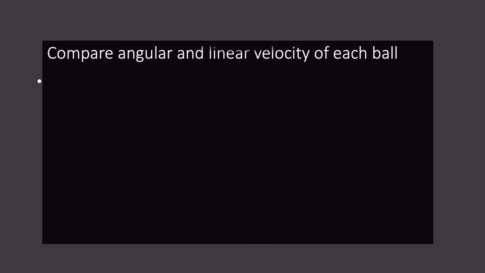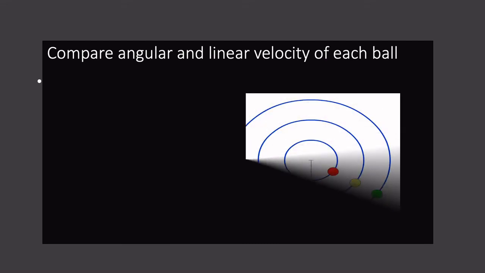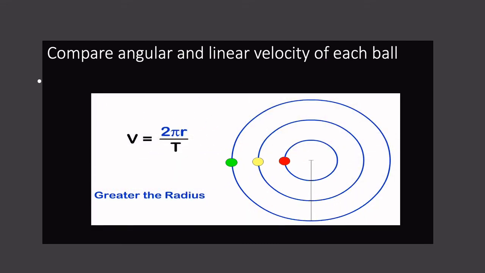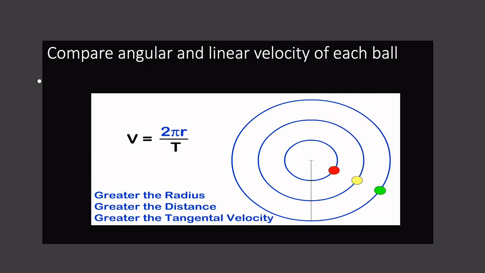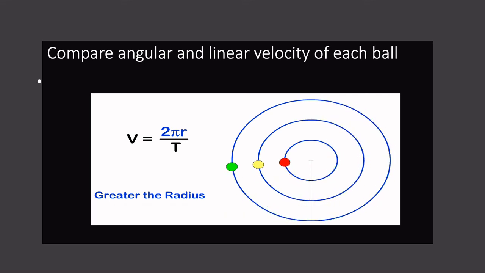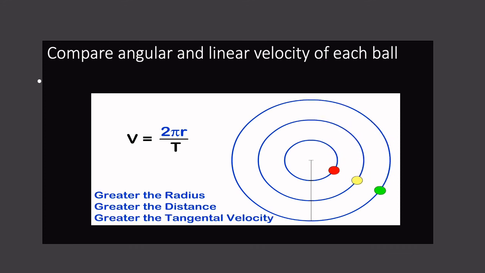Comparison of angular and linear velocity. Consider three balls. They are circulating with three different radius but same time period. So which ball will have greater angular velocity? The answer is angular velocity is same for all the balls because their time periods are equal.